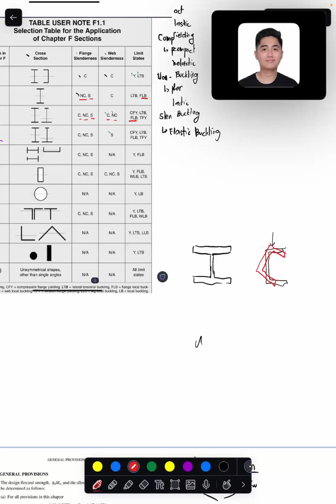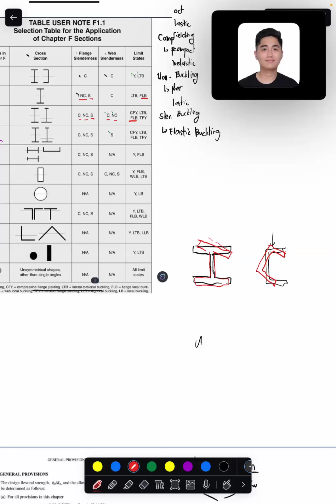Actually, nangyari din siya kahit na doubly symmetrical yung cross-section mo. Ito ay nangyayari, it's mainly because of what's called warping. Kapag nagkaroon ka ng warping, eventually, ganito yung magiging itsura ng cross-section mo. Pwedeng mag-warp yung compression flange mo in particular.